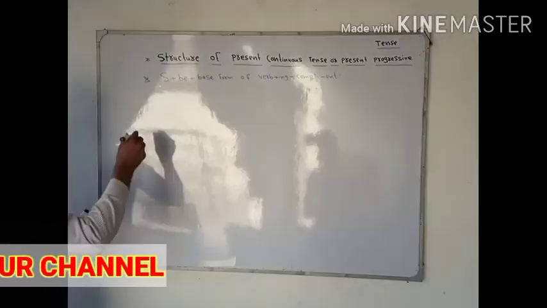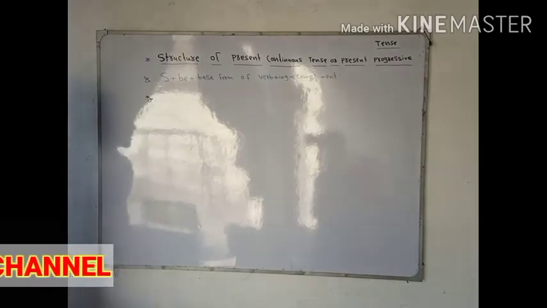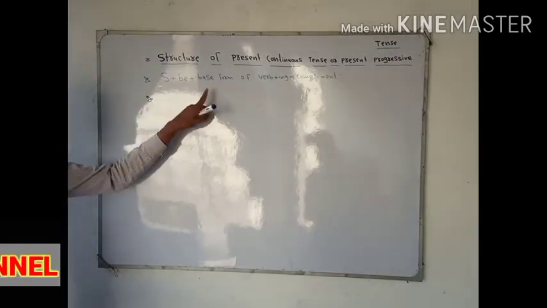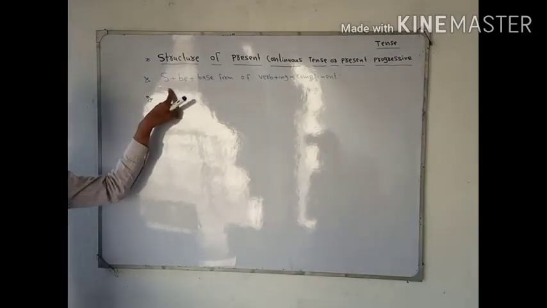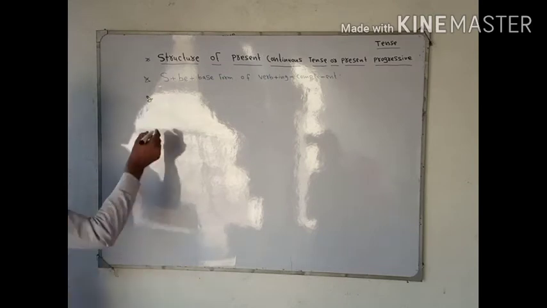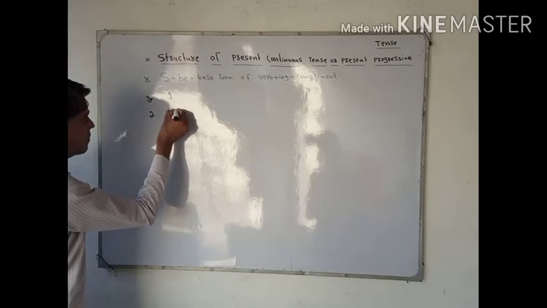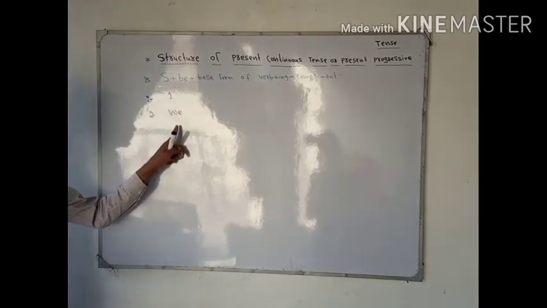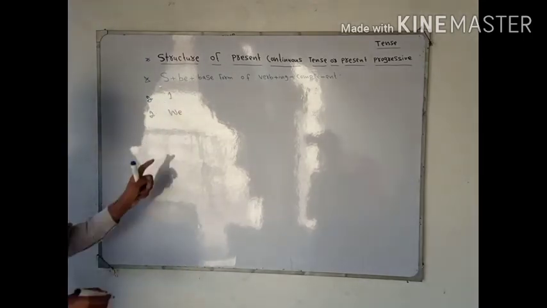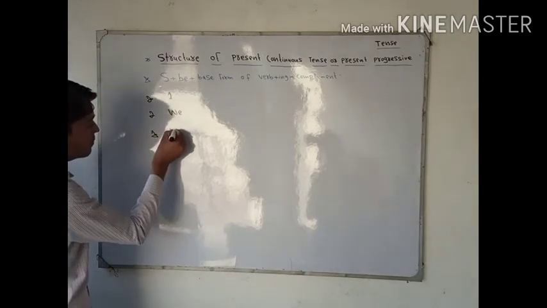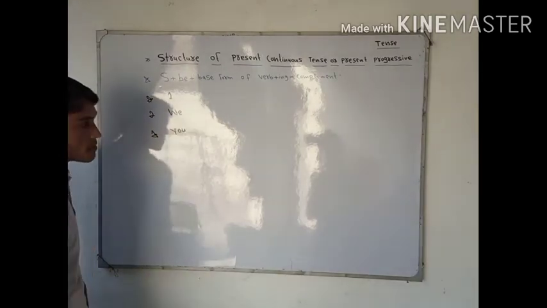Now, what are the subject pronouns? As you know, we have 7 subject pronouns. I and we are called first person pronouns, while you is called second person pronoun.